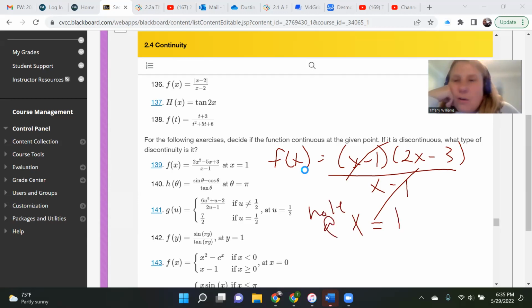And so that means that we have a removable discontinuity at x equals 1. One of the reasons a hole is considered a removable discontinuity is we could set up a piecewise defined function and define a value to fit that hole. So that's why it's considered to be a removable discontinuity.